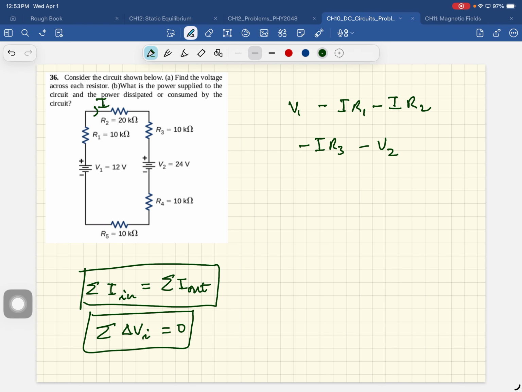What is the next term? You're going like that. Current flows from high to low, so it's minus IR4. The next term, minus IR5. And what should all these add up to? 0.